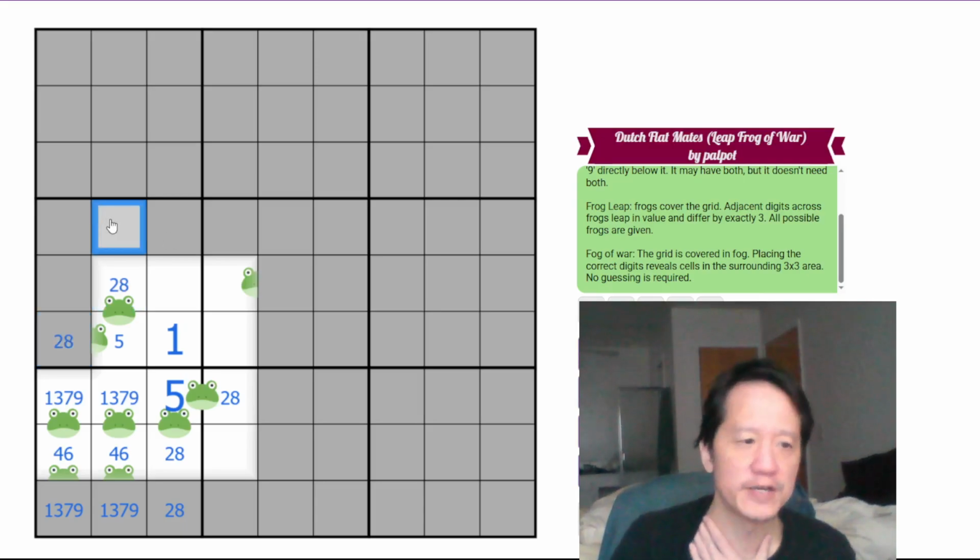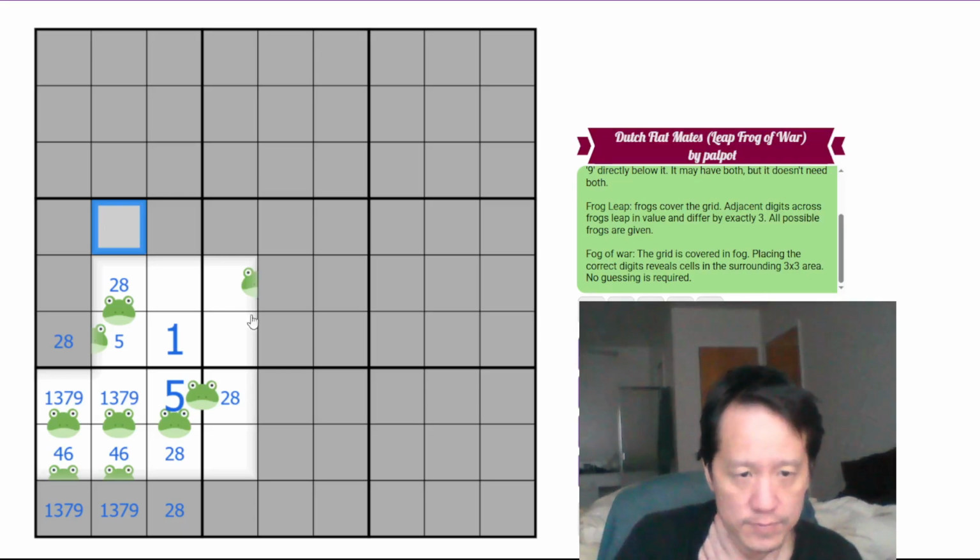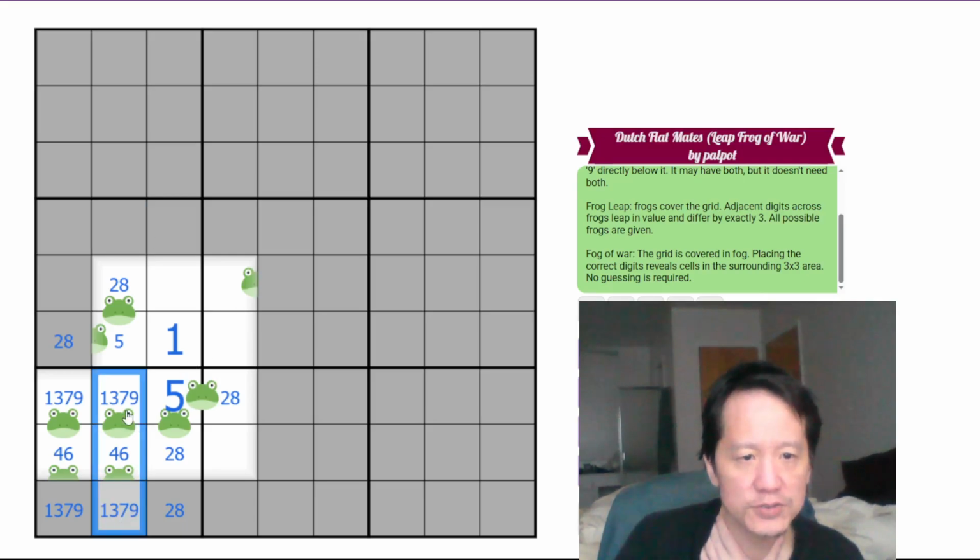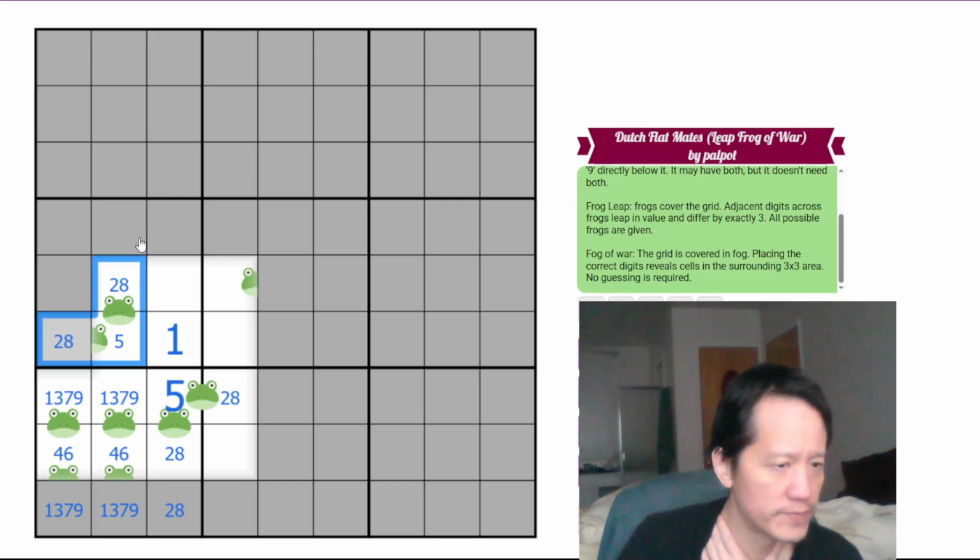So what would it be in that instance? It could not be 3, 6, or 9. It could not be 1. It could not be 2, 5, or 8. So it would have to be 4 or 7, right? No 3, 6, 9 here, because this would be 9, 6, and 3.